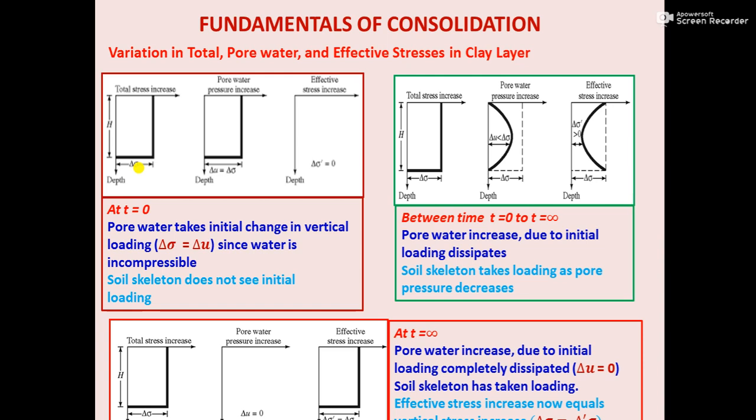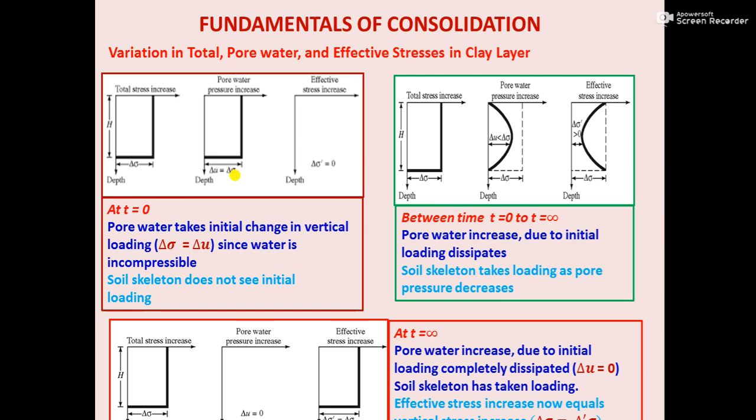Because of the incompressibility of the water, this total delta sigma will be taken up by the pore water. And you can observe from this diagram that the pore water pressure increase will happen up to a level of delta sigma. You got it? Because water cannot move out, water cannot give any stress to the soil at this point.